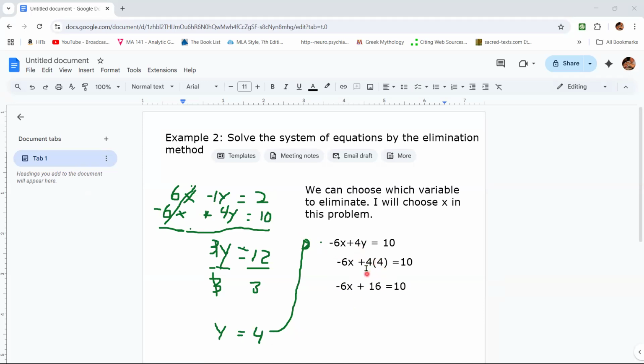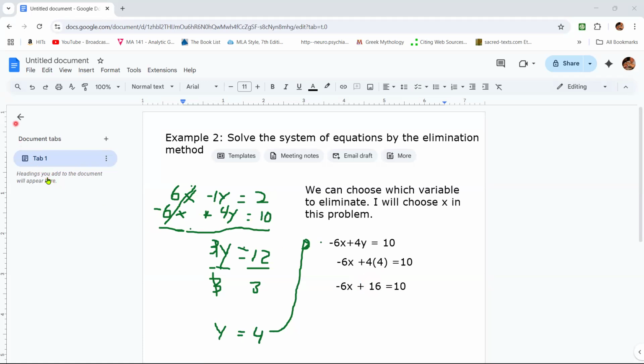I had to multiply these because there's no symbol between the two 4s. I'm going to finish solving my equation here by subtracting 16 from both sides.